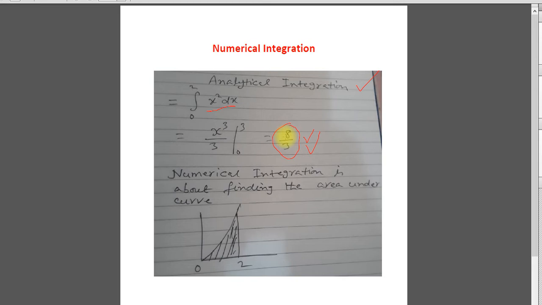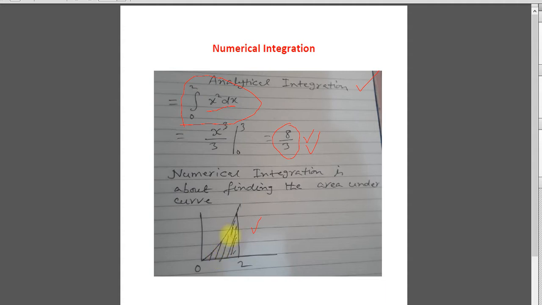Now, how to do numerical integration? We cannot integrate all functions using the analytical method. Some functions you cannot integrate, so you have to do it numerically. If you know the meaning of integral, this is basically the area under the curve of x squared dx. If you plot it here, this is 0, this is x squared, and 0 to 2.